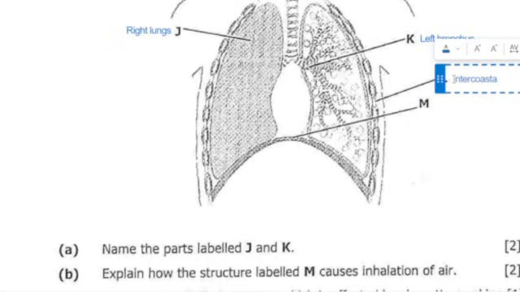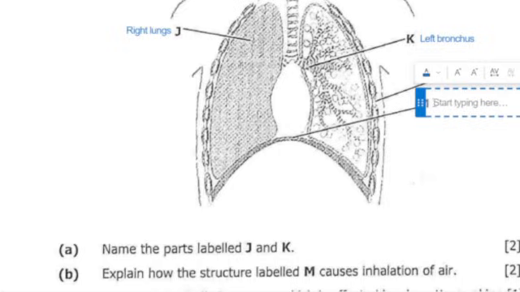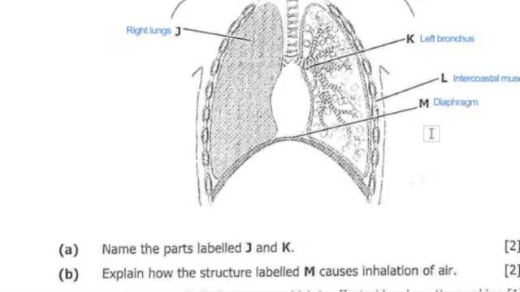If my spellings are okay, I'm not sure. Intercostal muscles. Yes, they are very correct. Intercostal muscles. And this is diaphragm. Okay, that M is diaphragm. Okay, so we have labeled the parts first, then we'll go to the questions.